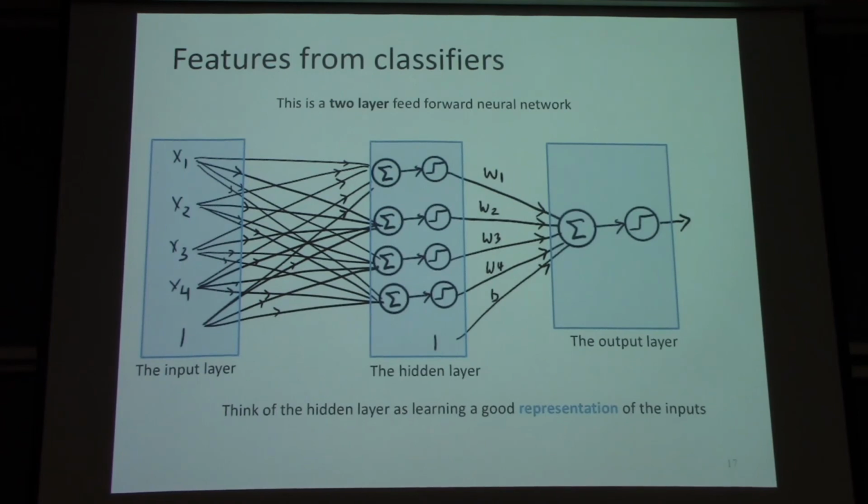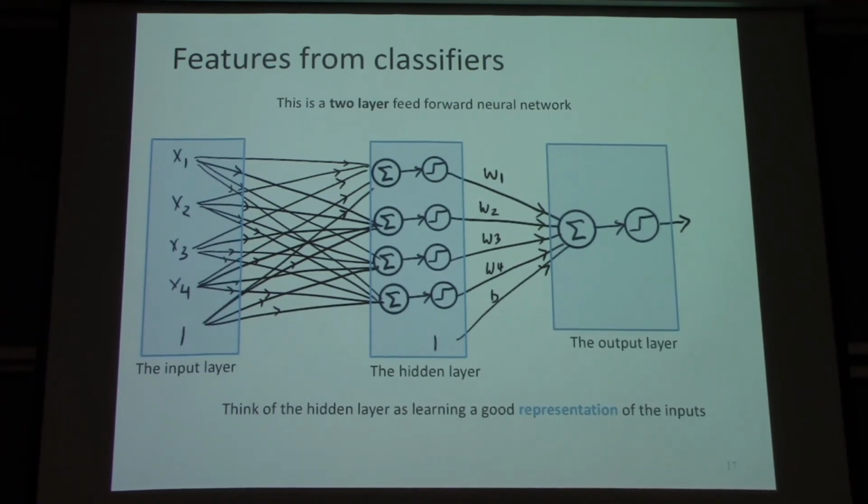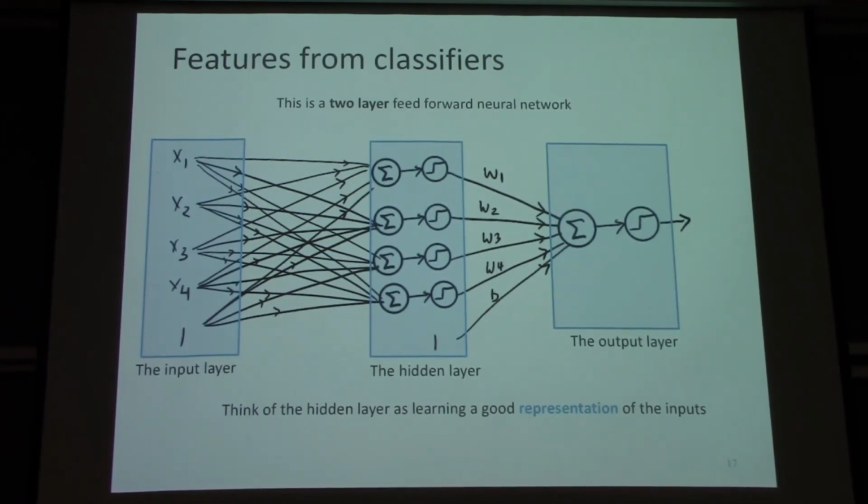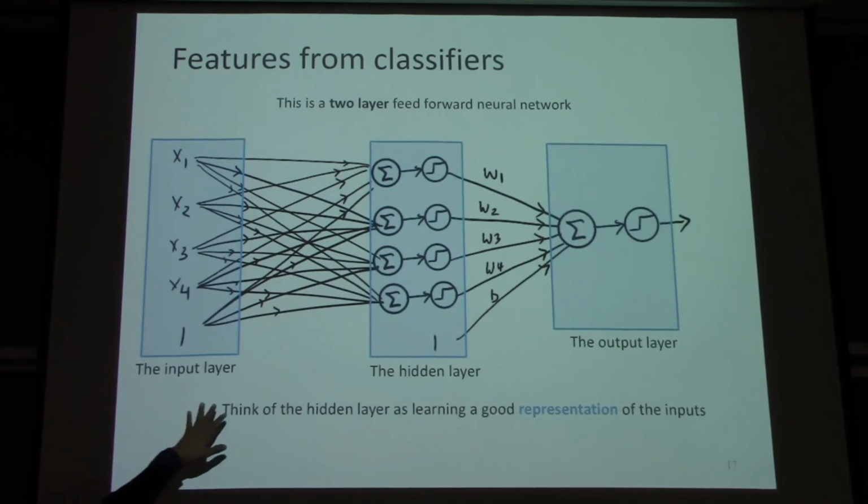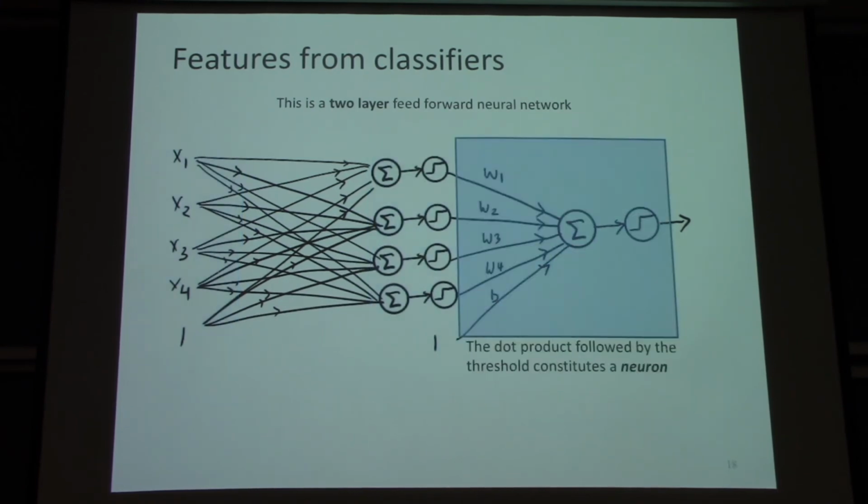What's an obvious question that comes up? So now I have these classifiers here. I need good features for these classifiers, right? The hidden layer classifiers are classifiers that need features. So it's not like I've solved the problem, I've just moved the problem away. Okay, so before that, what is a single neuron?